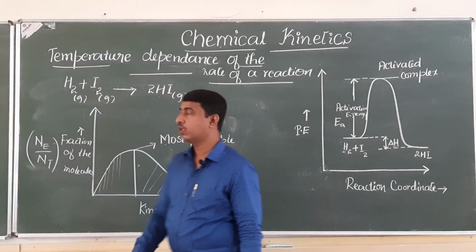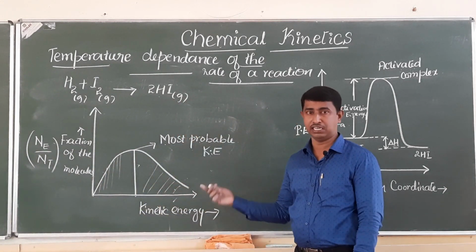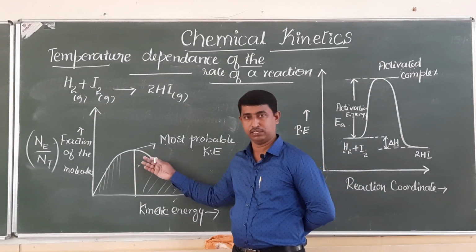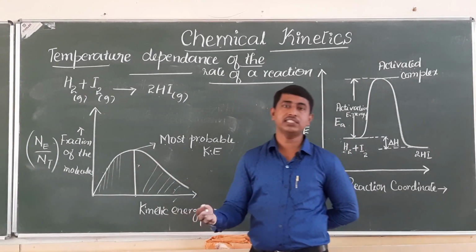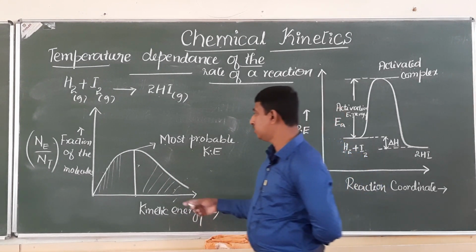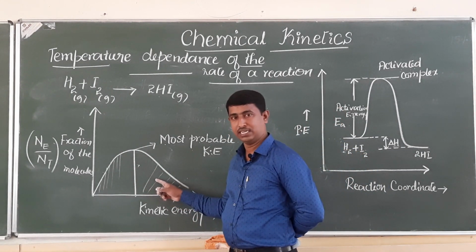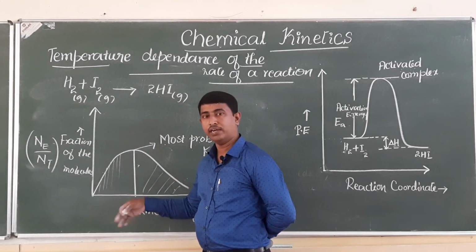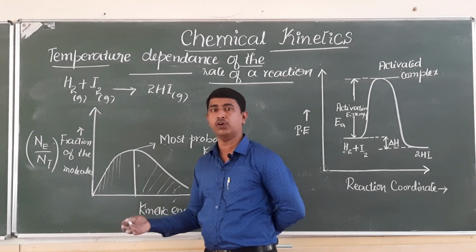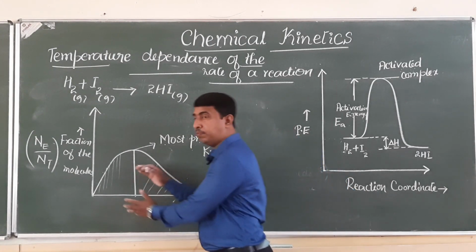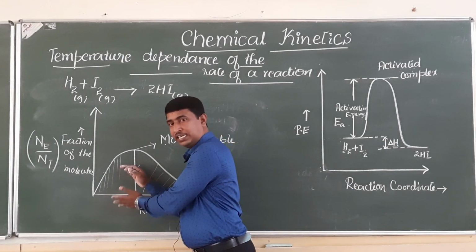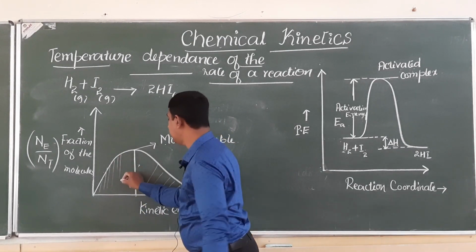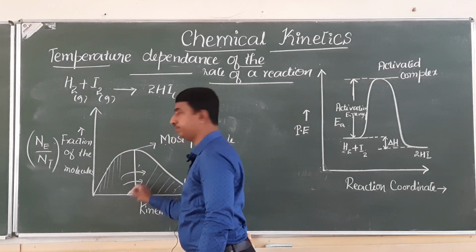Now, let us see what happens when temperature is increased. When we increase the temperature, we are supplying more and more kinetic energy. So, most of the molecules gain more and more kinetic energy, and thereby these molecules get shifted from the lower energy region to the higher energy region, correct?